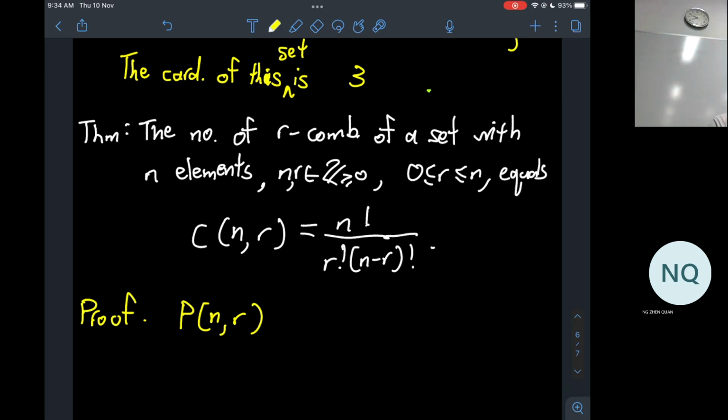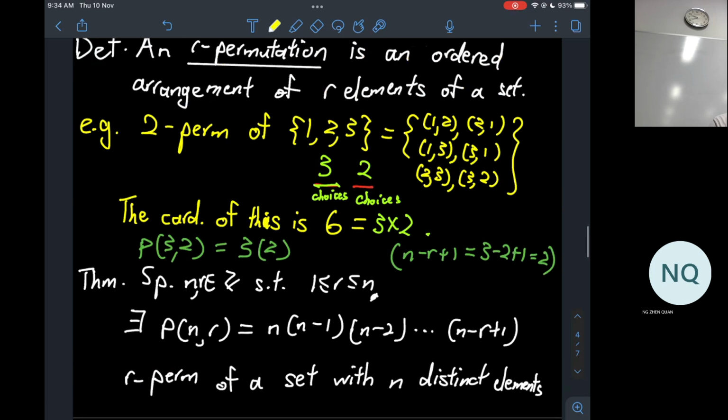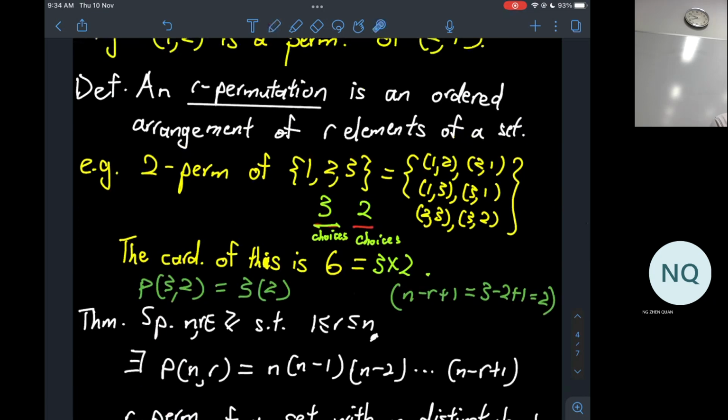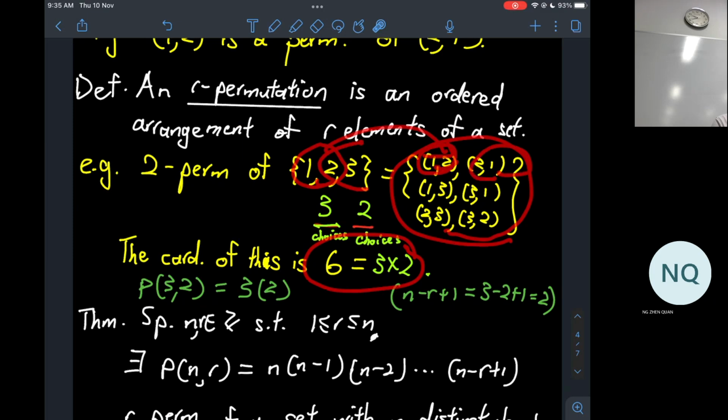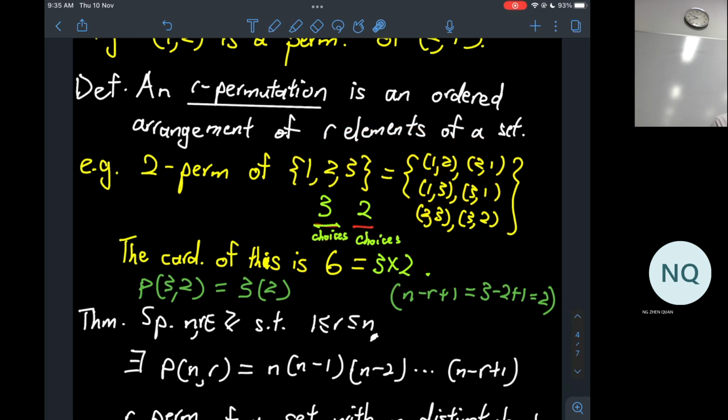Let's use this example. How do you count the 6 here? First you pick two of them out, and then you permute them. Then you get the number of all the permutations.